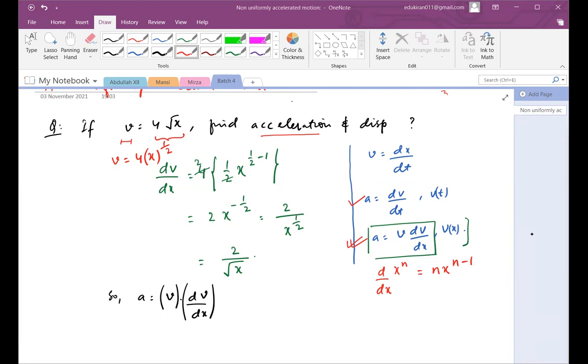Put the value of v, which is 4 root x, and dv over dx as 2 by root x, and simplify it.